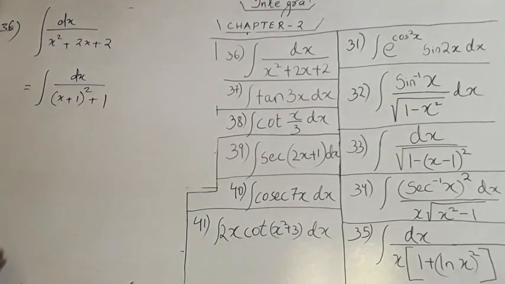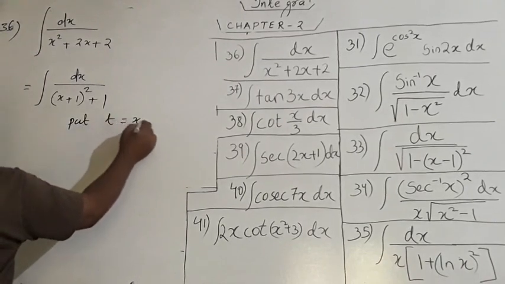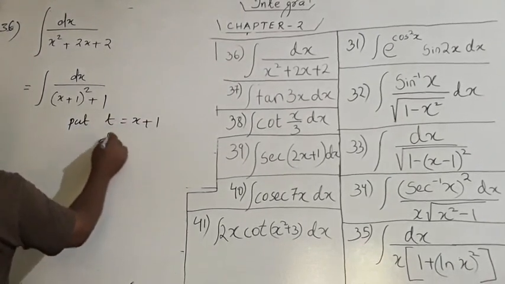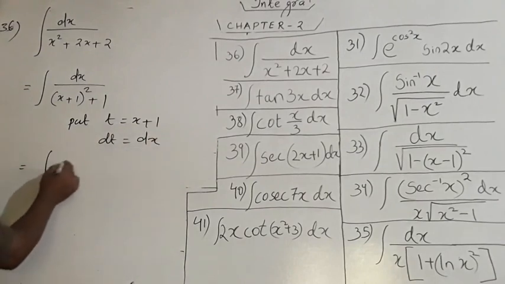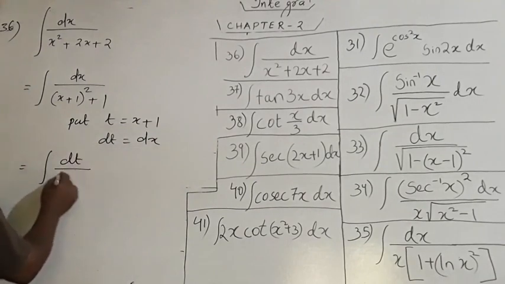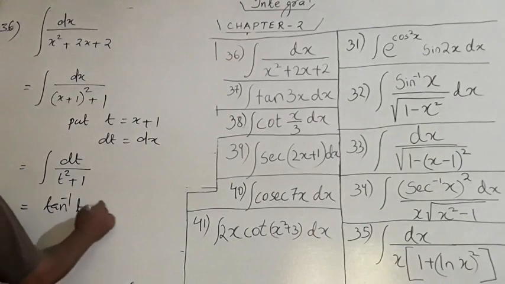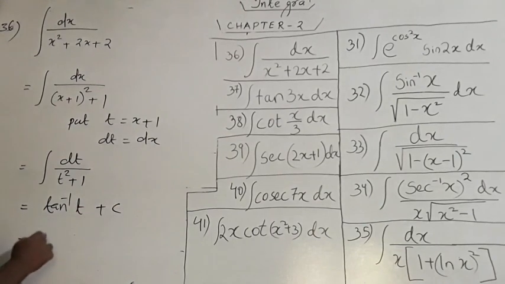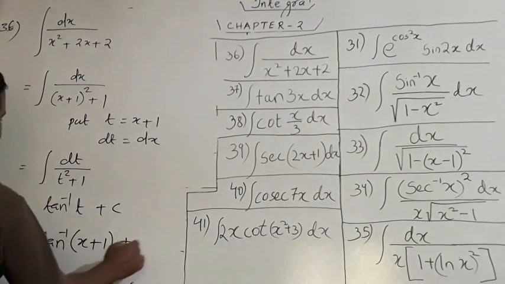Now you can put t is equal to x plus 1. What is dt? It is dx and it becomes dt by t square plus 1. It is tan inverse t plus c. So in place of t you have to put x plus 1, plus c.